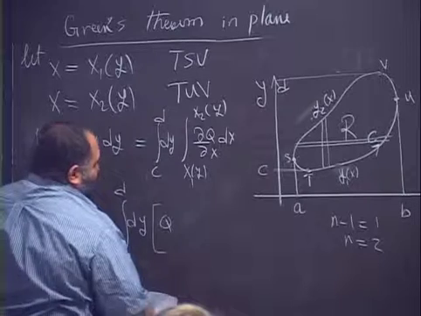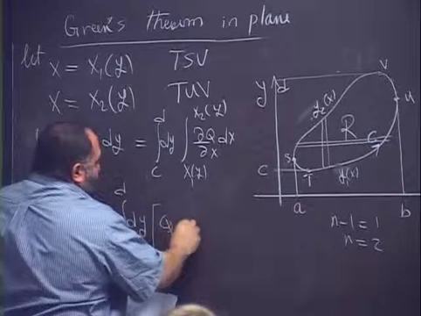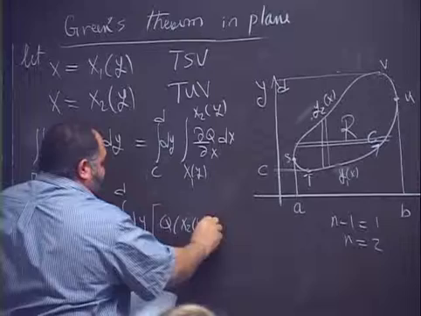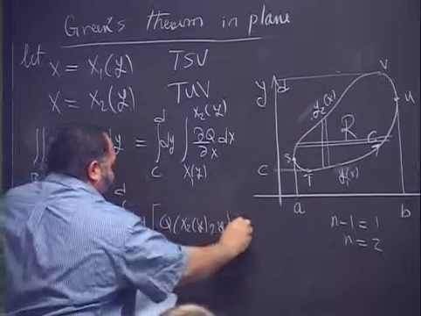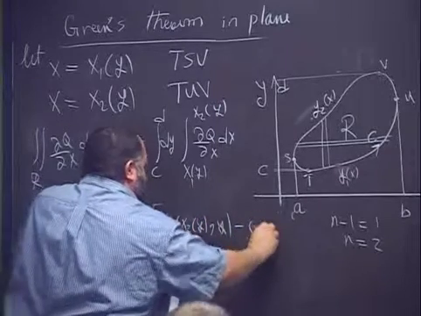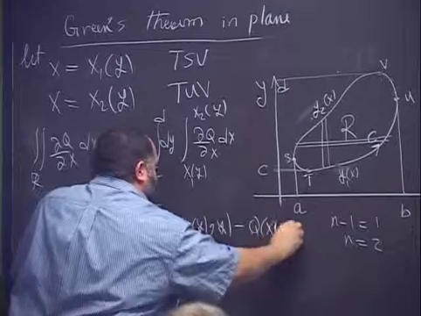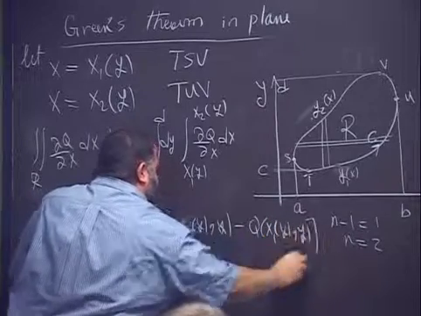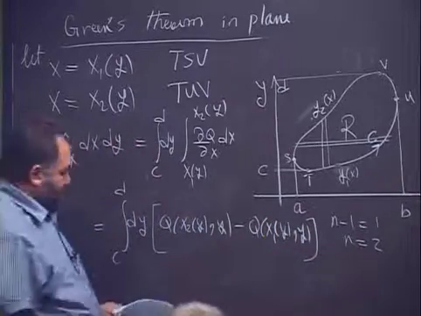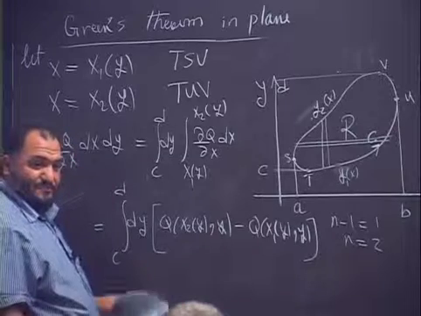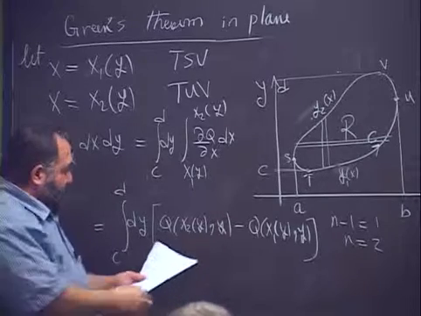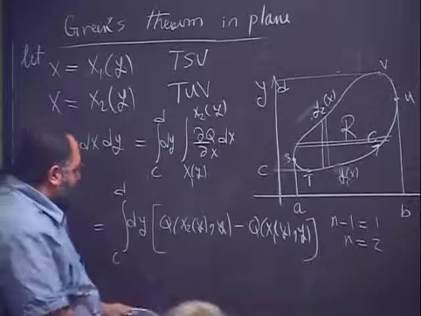Just Q of x2 of y, and y, minus Q of x1 of y and y. Okay, guys? So now we can do exactly the same.